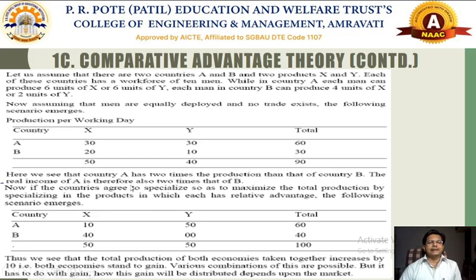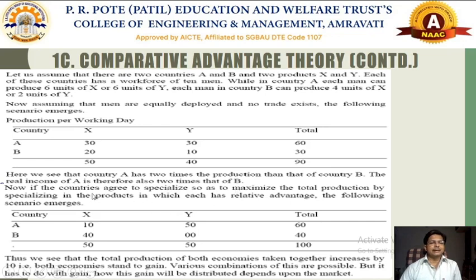So country A has two times the production of country B. Total production of country A is 60 and country B is 30 units only, which means two times more production is happening in country A. So it is a comparative advantage to nation A. Now the real income of A is therefore also two times that of B.